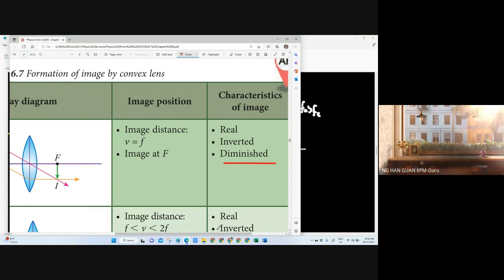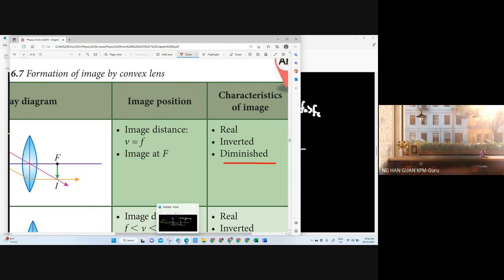For example, planets, or an aeroplane in the sky, whose original size is very big. Because it's very big, even when far away it is still able to be captured by our optical instruments. So no matter what, the image formed will be diminished, right?